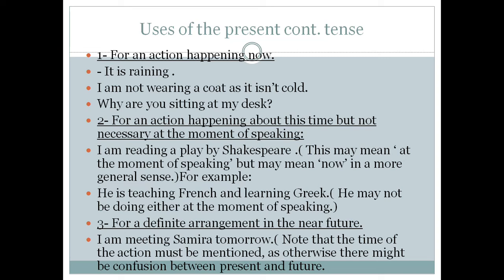For a definite arrangement in the near future. The present continuous tense is used to express the future when we arrange to do something in the near future. I am meeting Samira tomorrow. Note that the time of the action must be mentioned, tomorrow, as otherwise there might be confusion between present and future.